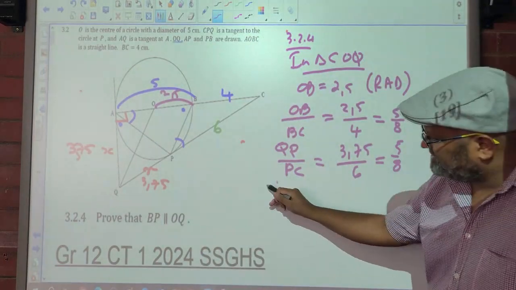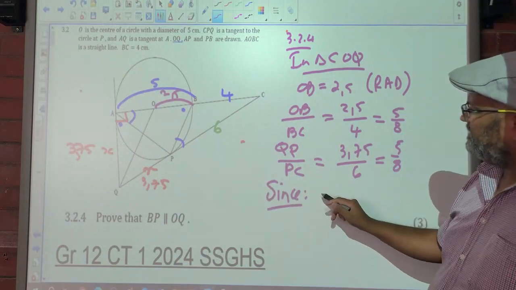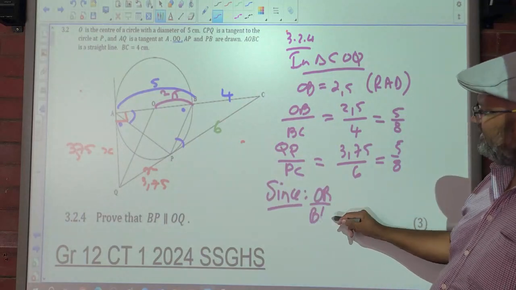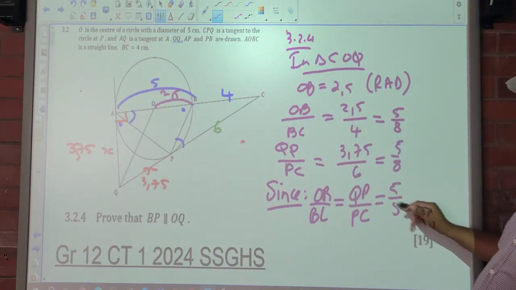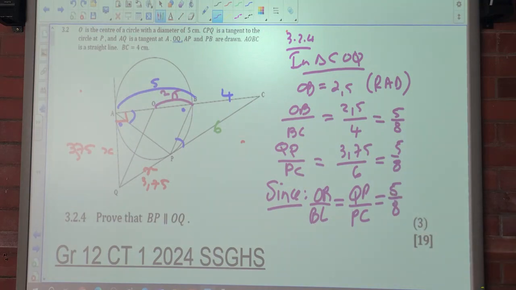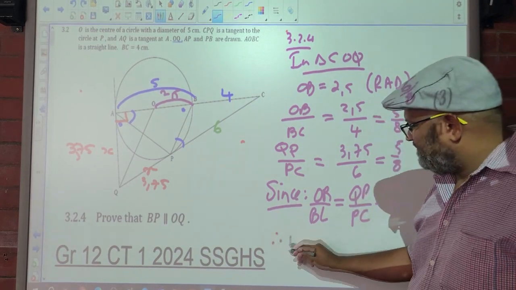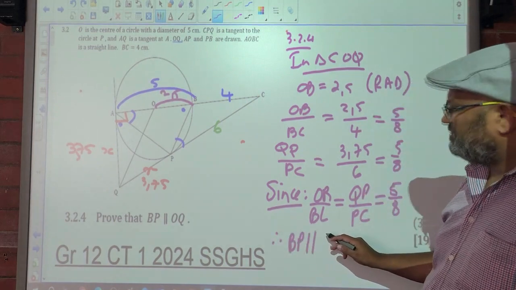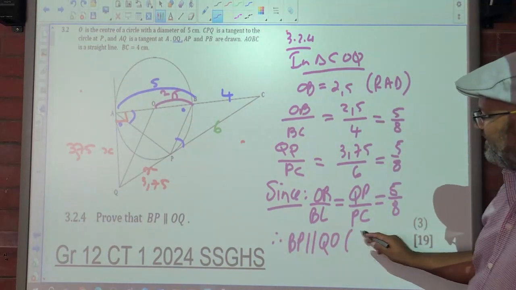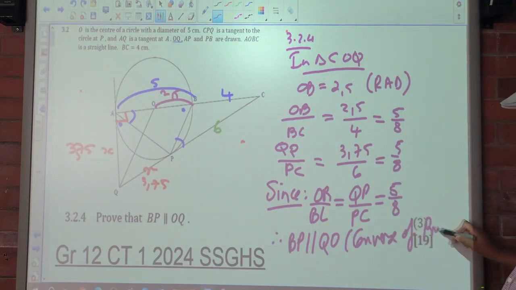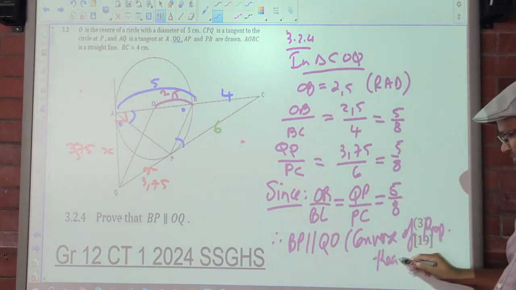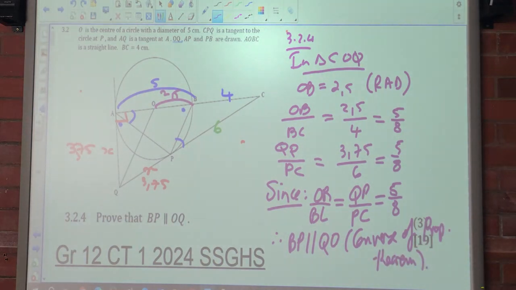They're the same. So I say since OB over BC is equal to QP over PC, which is equal to 5 over 8, therefore BP has to be parallel to OQ. Why? Because of the converse of the proportionality theorem.